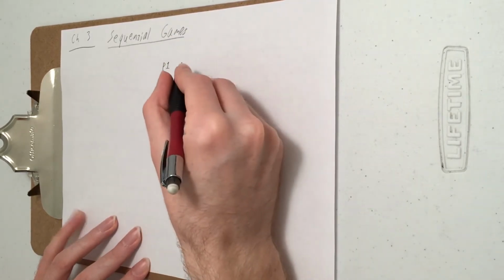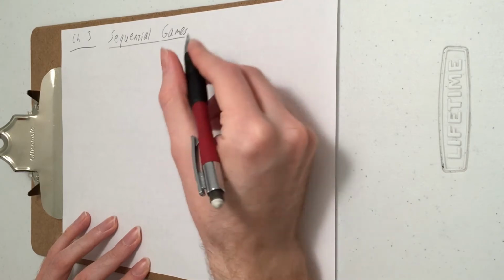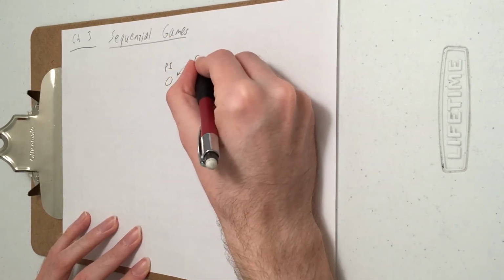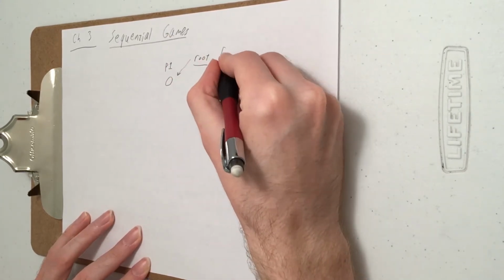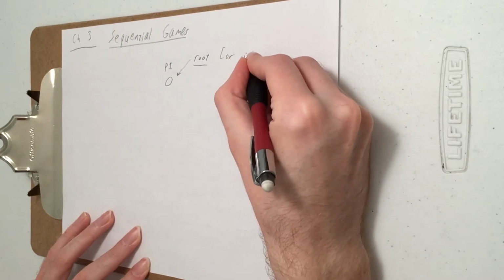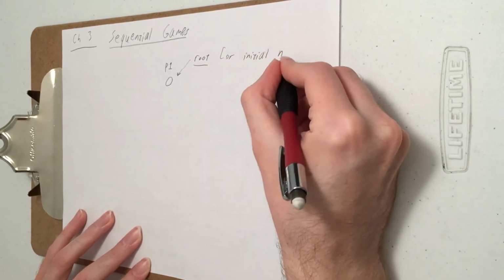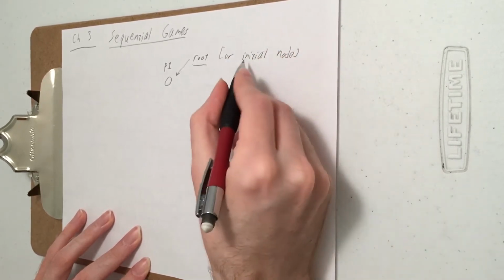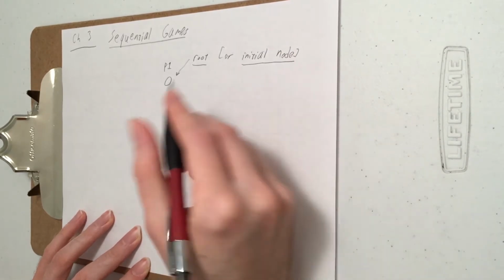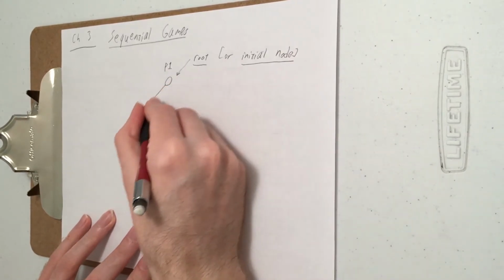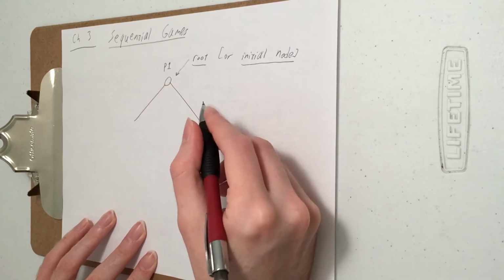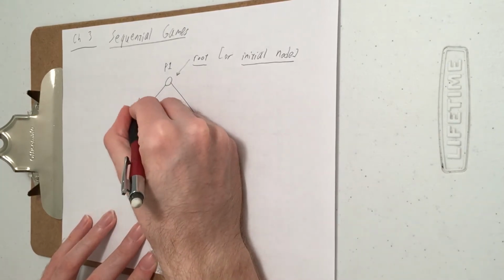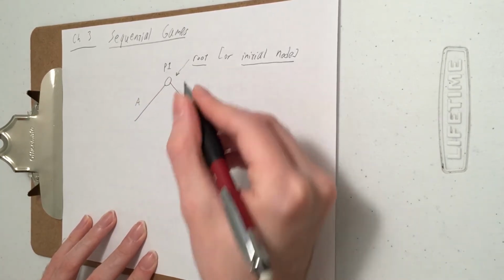We call this the root of the tree, or the initial node. And this is saying that player 1 on their first turn can play either A or B.